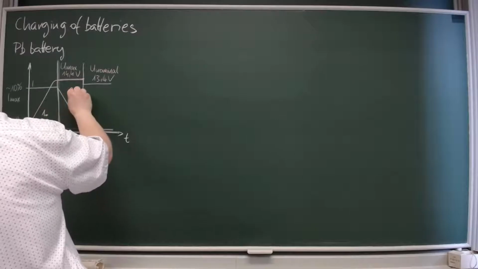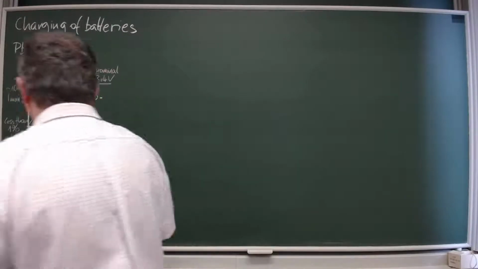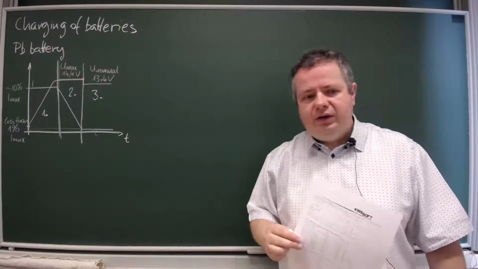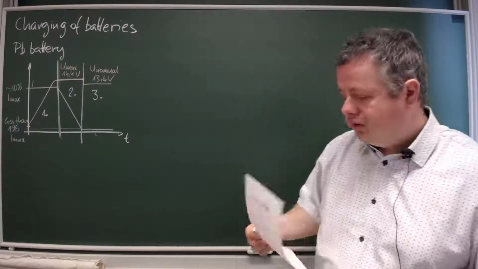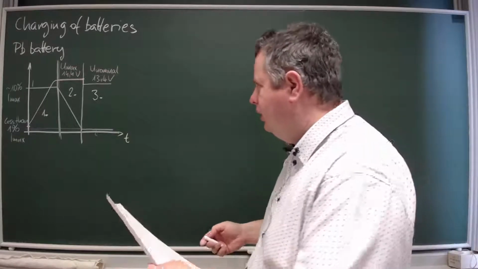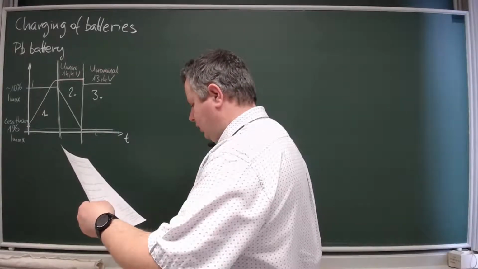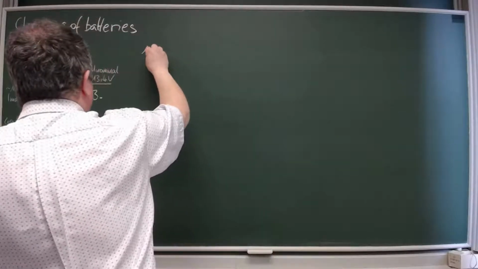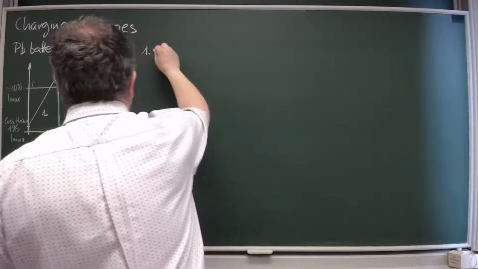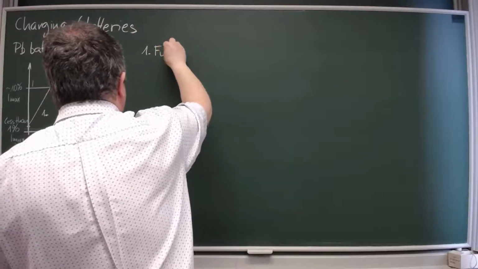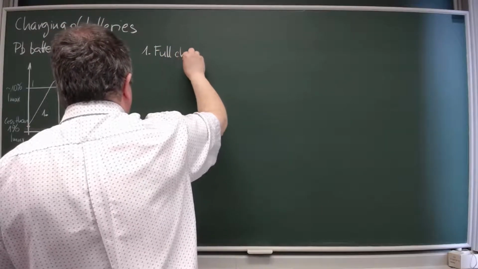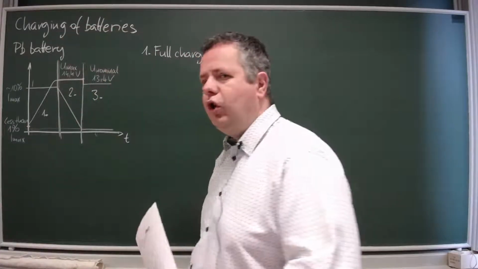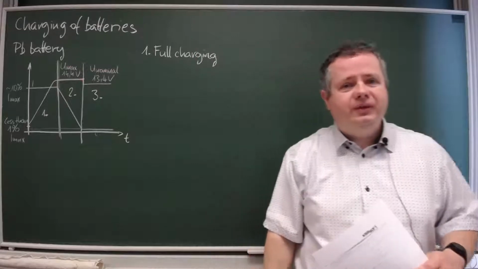Stage 1, stage 2, and stage 3. And what are the characteristics of these stages? The name for zone 1 is the full charging, when we charge up the battery up to its capacity.